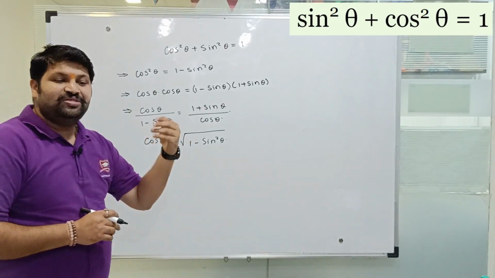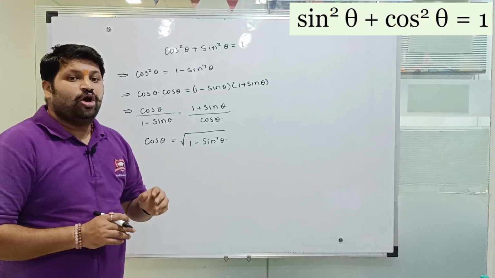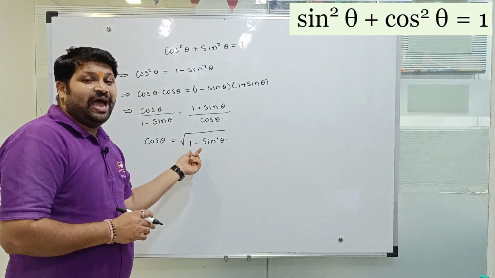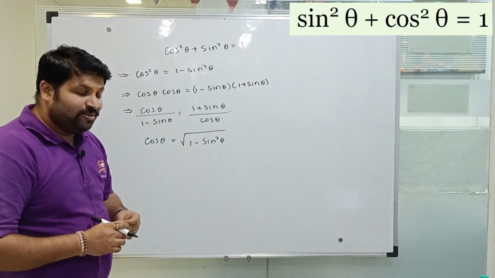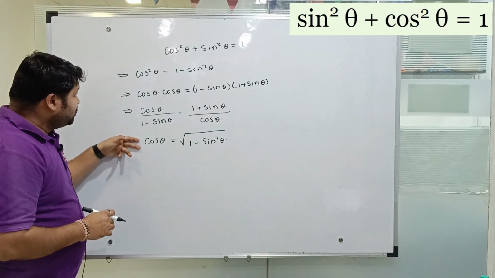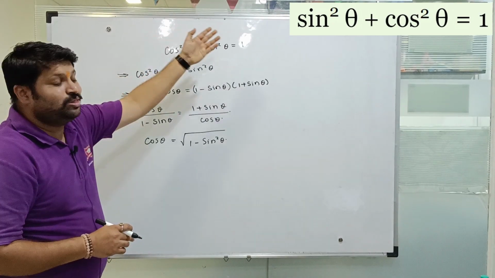However, in your 11th and 12th, where you'd be studying all different angles, we would be making it as plus and minus root of 1 minus sin square theta. Now this was when I took sine on the other side.